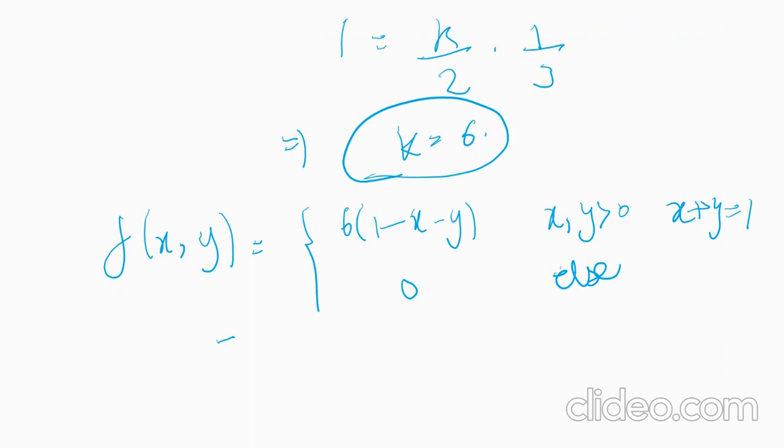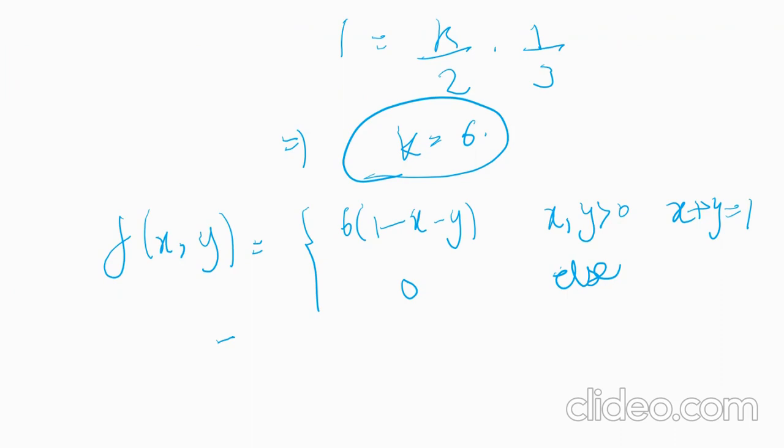Now fxy is k(1 minus x minus y), and firstly we have taken the limits of y, so there will be dy and then dx, and this will equal 1. So now we will solve this. k will come out as a constant, and 1 minus x is constant because we are integrating with respect to y. The integral of a constant c dy is cy.